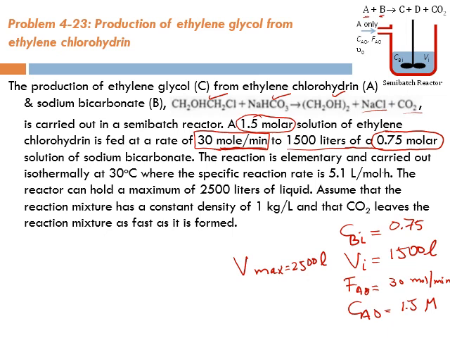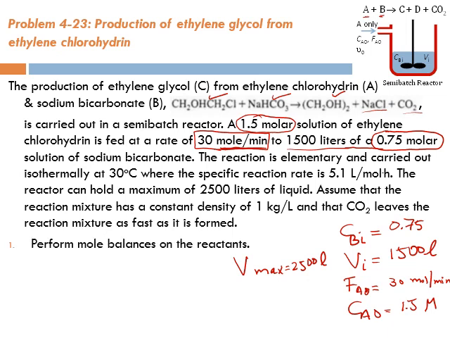So CO2 leaves the system, right? Okay, so for CO2, it's a semi-batch system, correct? For A, it's a semi-batch system. For B, it's a batch system. For CO2, it's a semi-batch system as well. So something is leaving the system. Fine. What's required?